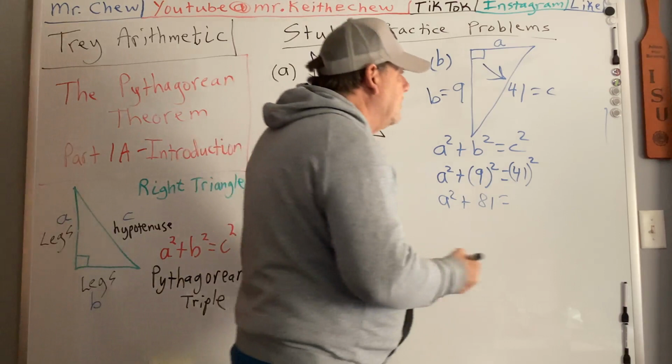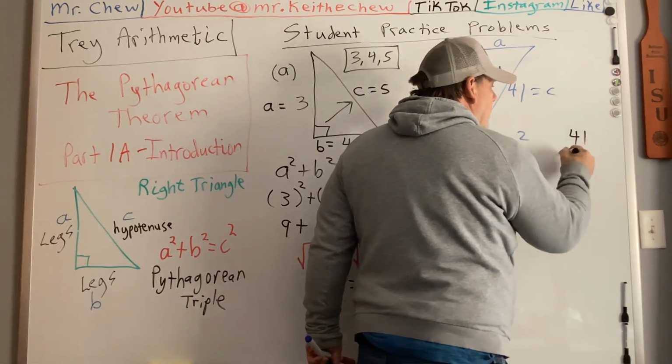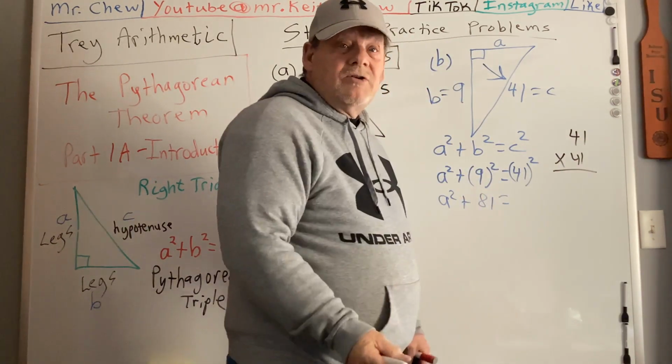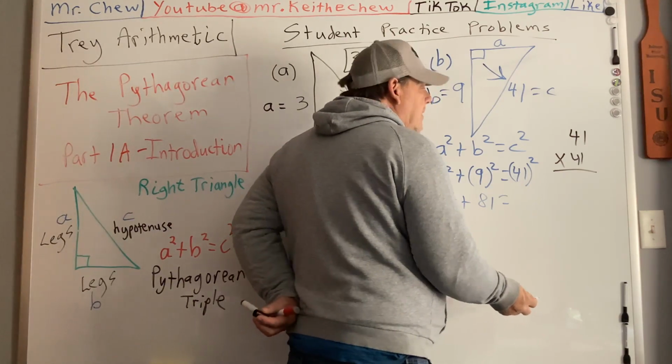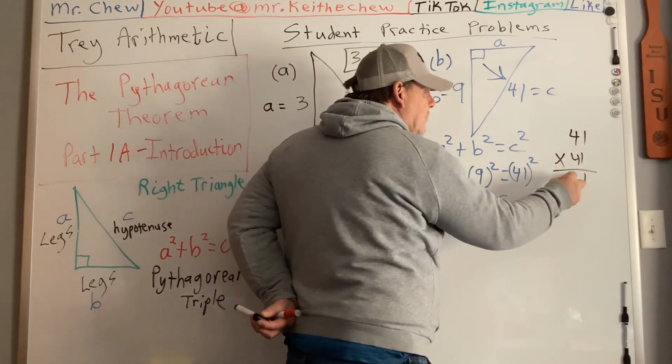I don't know what 41 squared is, but I can multiply 41 times 41 using the traditional algorithm that most students are taught in elementary school. 1 times 1 is 1. 1 times 4 is 4.